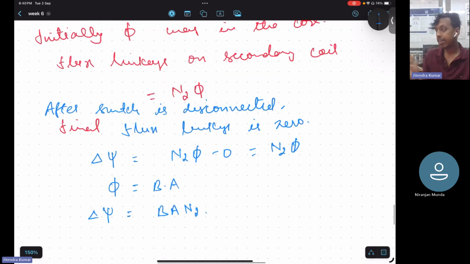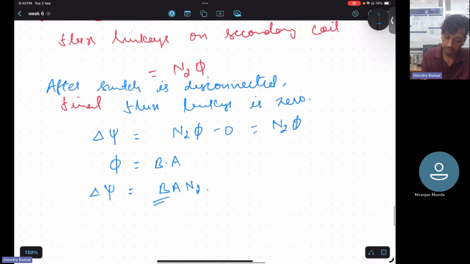And in the assignment questions, you will be asked to calculate magnetic flux density and permeability of the core. So here, give your attention, please. Now, how to proceed? From this point, you have the change in flux linkage. If you divide it by delta T, you will get the back EMF, right?